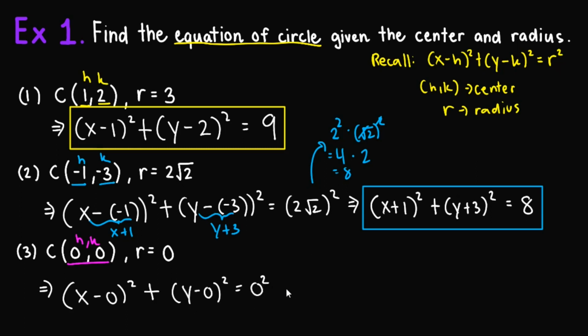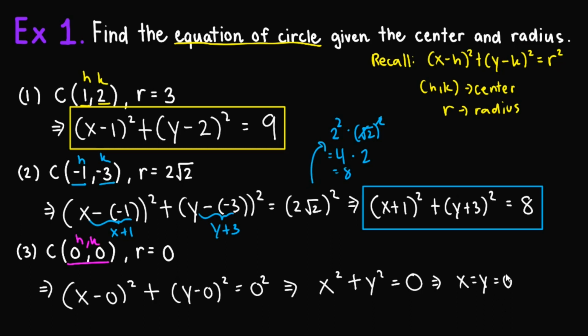When simplified, this is equal to x squared plus y squared equals 0. And what does this mean? Take note that since the right side of the equation is 0 and we have squares out here, which are non-negative and can never be negative, the only possible case out here is x equals y equals 0.